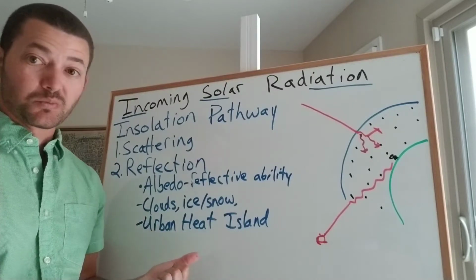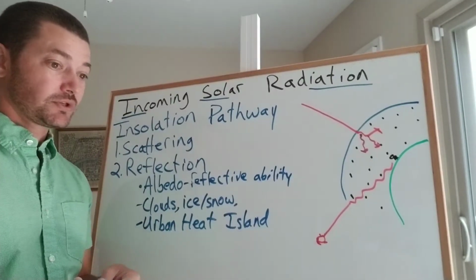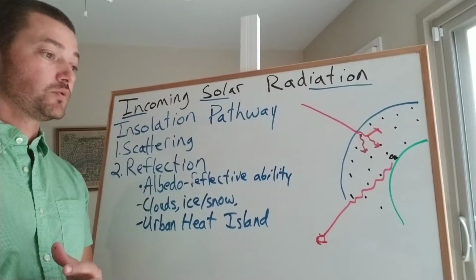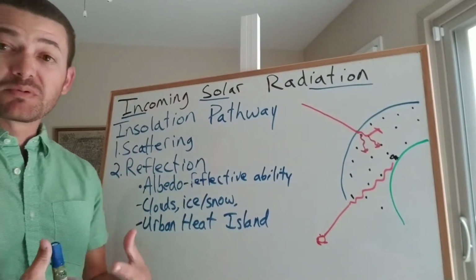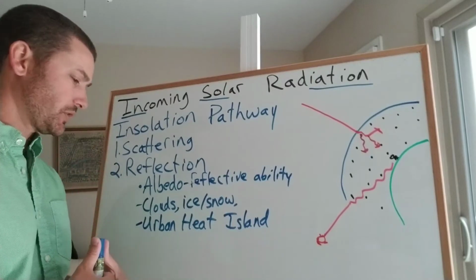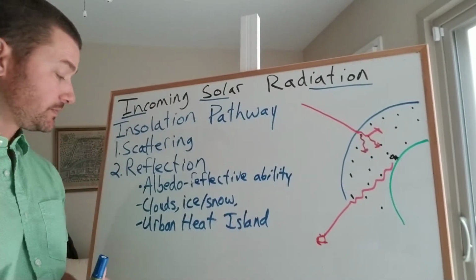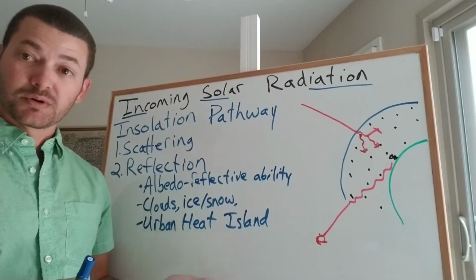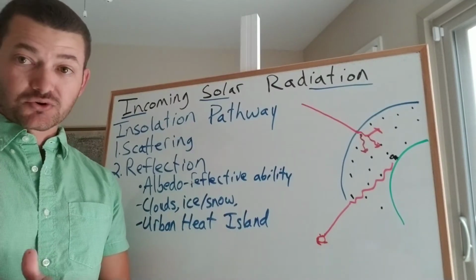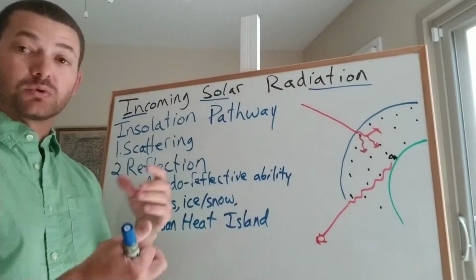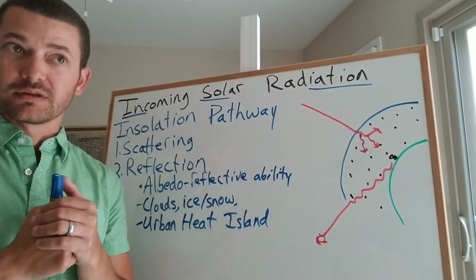But it's the process where human-made structures, houses, roofs, roads, concrete, everything that people make, parking lots, buildings, parking structures, all absorb more energy than they reflect. And natural surfaces reflect more energy than they absorb.